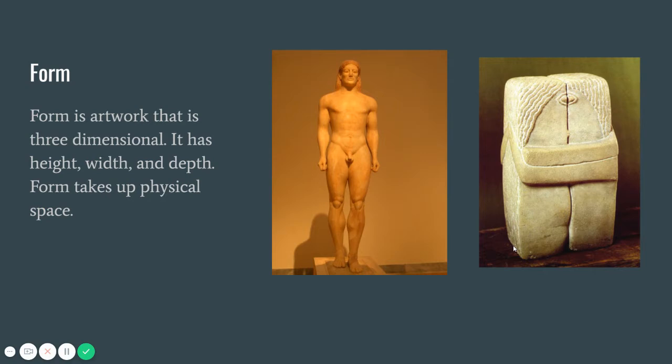Something that you can measure a depth from front to back, and that oftentimes you can completely walk around and circumambulate around the entire structure. And that is basically the criteria for form. Form cannot exist in any sort of flat work. So paintings and drawings, prints, things like that are excluded. Form cannot exist in those artworks.